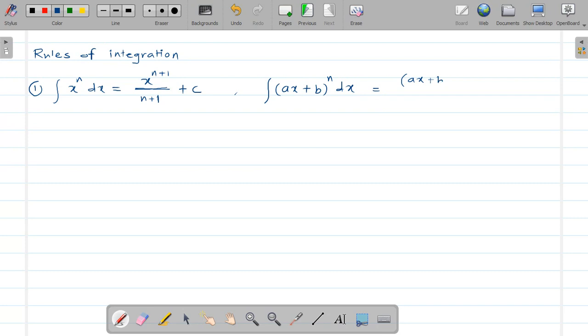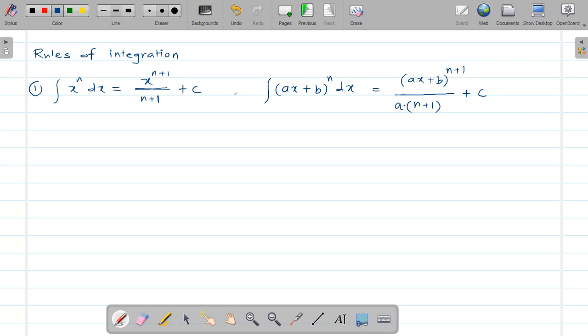It will be ax plus b raised to n plus 1 upon n plus 1 plus c, and we have to divide by a. Now what is the meaning of a, or how will you get the term a here? It is the derivative of ax plus b. You have to divide by the derivative of ax plus b, that is a.